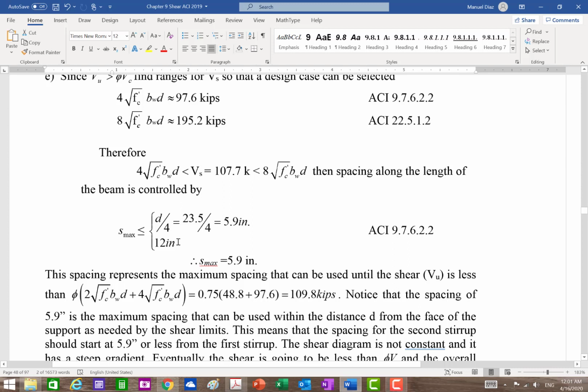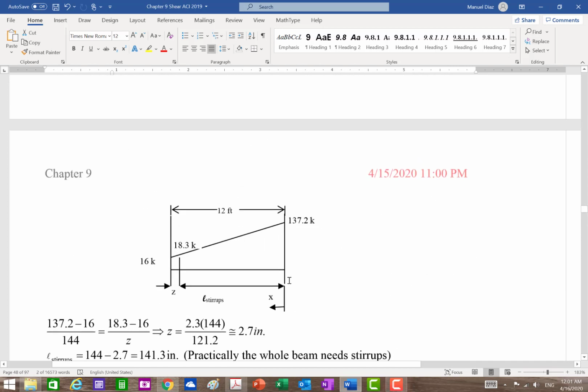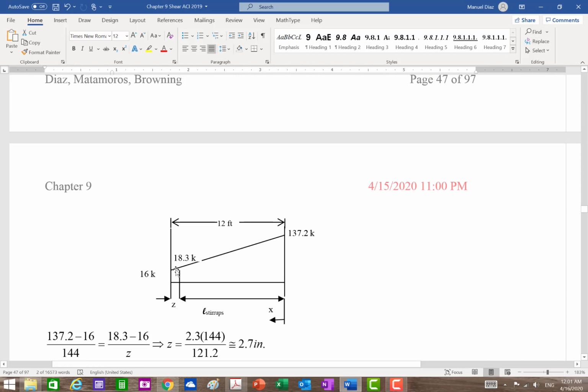And if we add a little bit of concrete strength here, 97.6, we add it to the concrete strength, we get 109.8. So then that spacing will have to be valid as long as our shear is higher than this number. But as you can see in the diagram, it's going down. So eventually it's going down to 16, right?